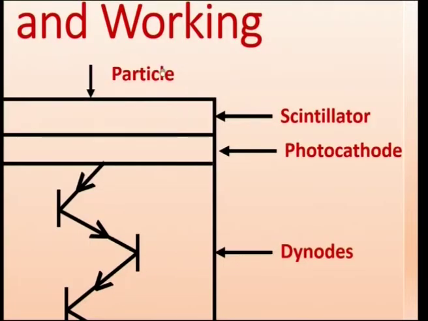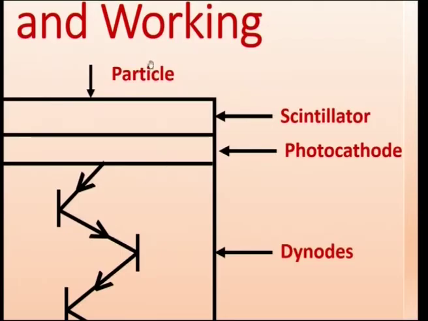Initially the particle may be any type of particle, alpha, beta, gamma, any particle. When it strikes, it gives a scintillation. For example, this is a phosphor, ZnS, one example of that scintillator. That will be emitting only photons, light. That light, when it falls on the photocathode, will give an electron.